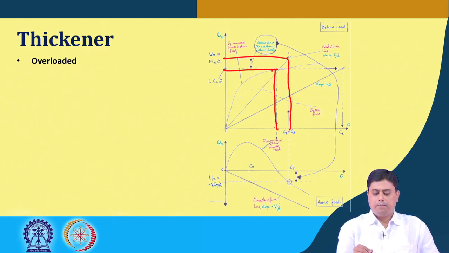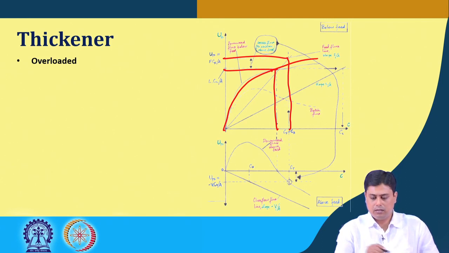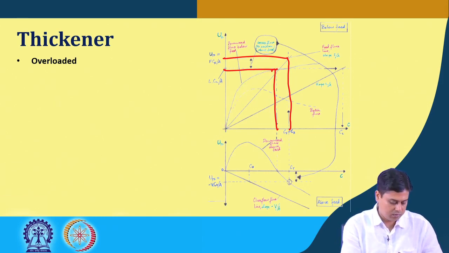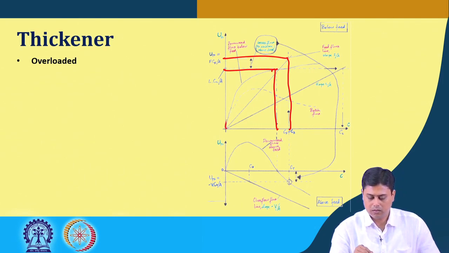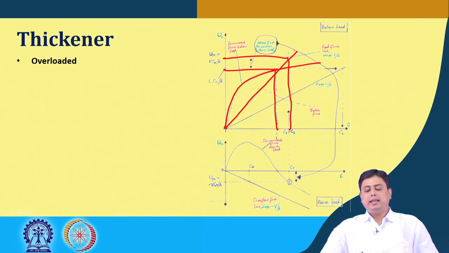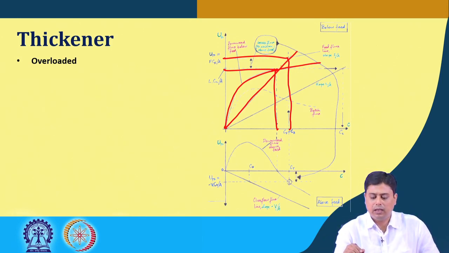Clear? Which means the intersection of this F by A line and the total flask gives the critical point.